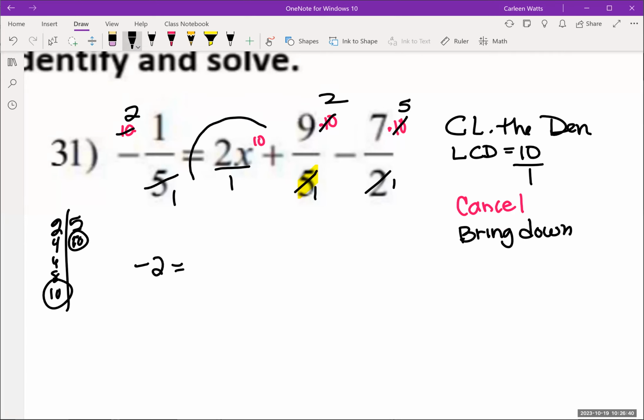Equals this right here becomes 20x. This right here is going to become what?